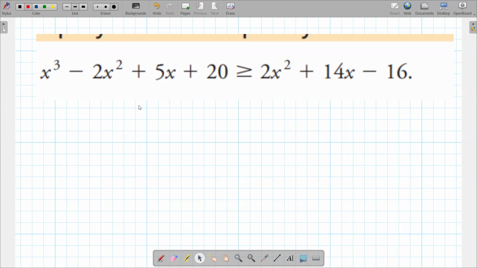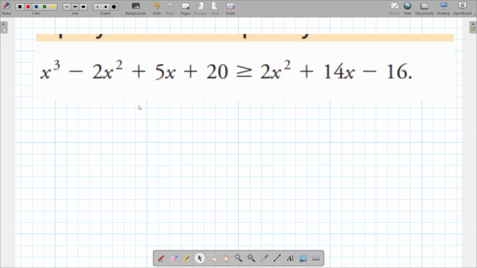And that's something you always do with any polynomials. You need to have it equal 0, which means you have to move everything to one side of the equation. So here I'm going to move everything to the left side because that's where the higher degree term is.